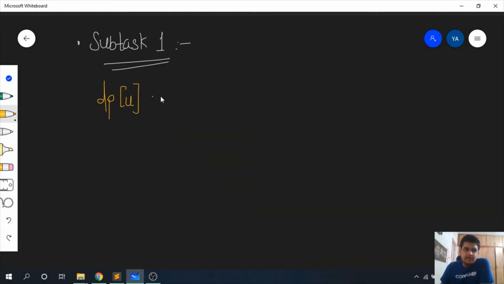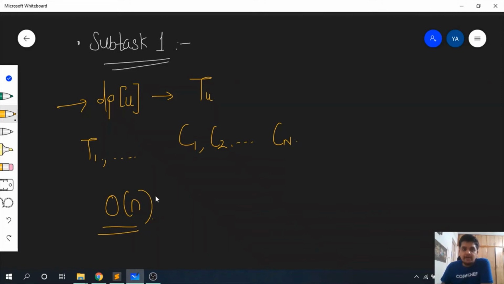So dp of u essentially gives us tu when u is the root, right? And so we can calculate the value of say t1, t2, like in the question it was given c1, c2. We can calculate it for all the nodes. But there is a problem: this operation has time complexity O of n, and if we do it for each node, then the time complexity will become O of n square.